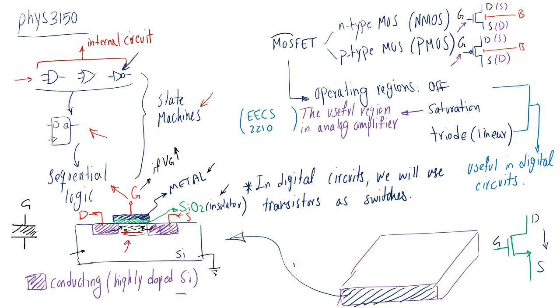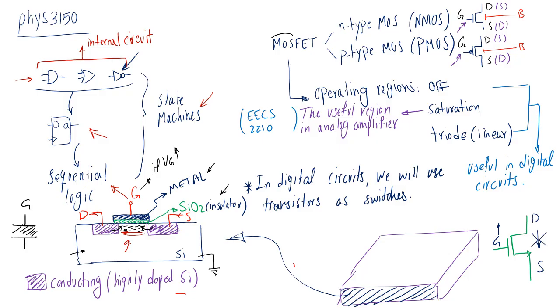But the direction of the current, at least for digital circuits, is not that important. The important thing is that we have gate, drain, and source. If the gate voltage goes up and passes a certain level that we call the threshold voltage, I'm going to have conduction between drain and source. If it goes down below the threshold voltage, I'm not going to have this current.